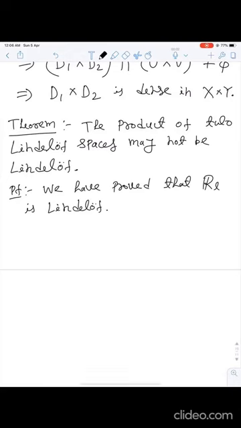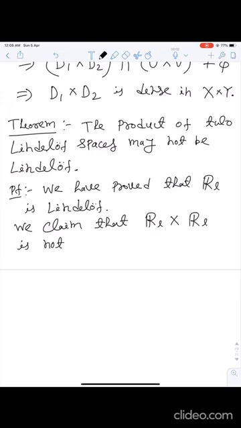Now we claim that RL product RL is not Lindelof. Just remember this plane and the example, because this is a very important counterexample in topology.